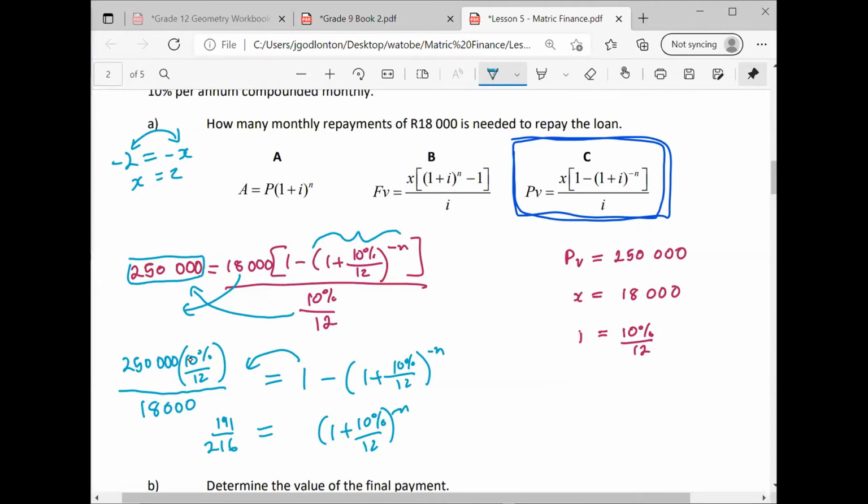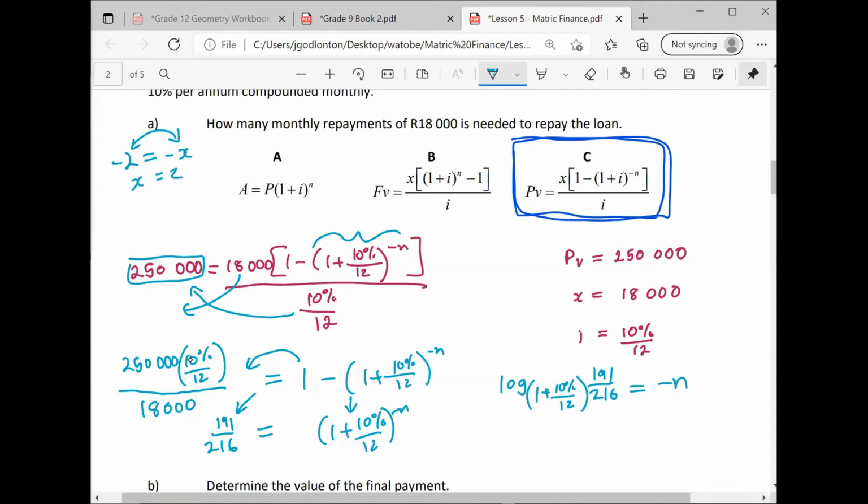I'm just going to write on the side over here. So I'm going to have log of everything in there. So 1 plus 10% over 12 to our answer. So 191 over 216, and that is equal to negative n.